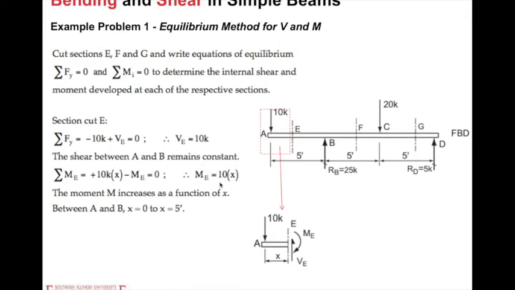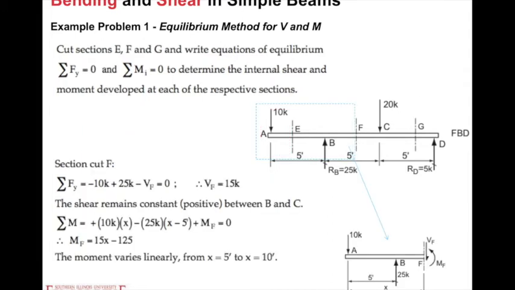Therefore, ME is equal to 10 times X. Because cross-section cut E is between A and B, the range of X is from 0, close to point A, to X equal to 5 feet, far away at B. So this is the first solution for the internal moment and internal shear between AB.